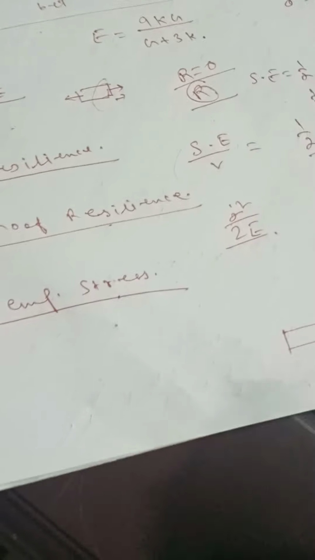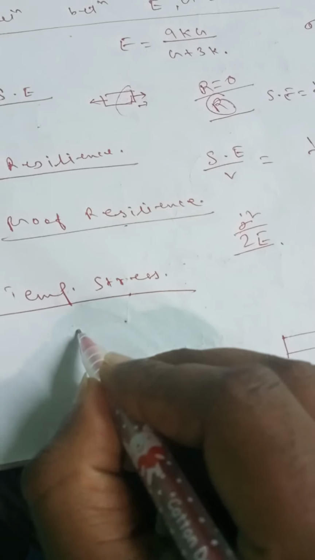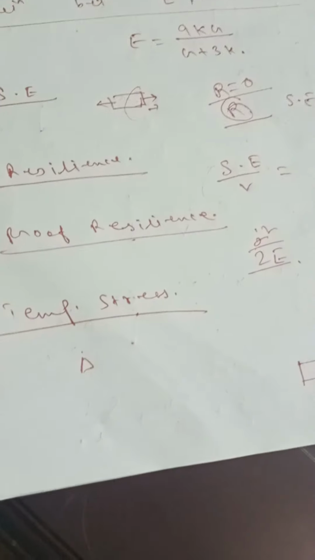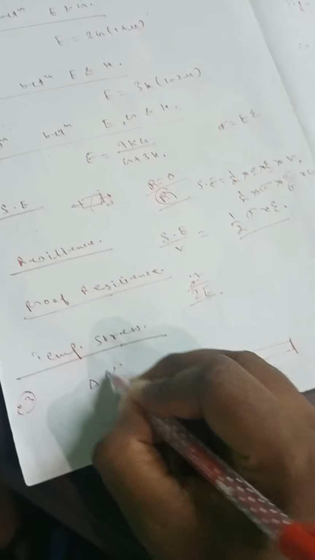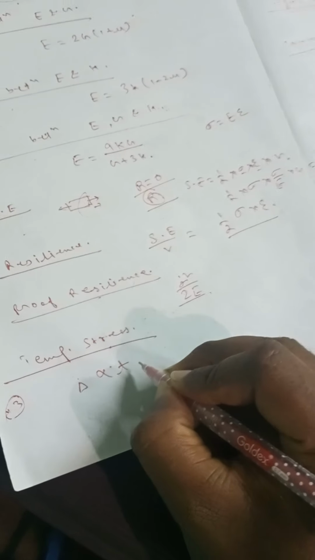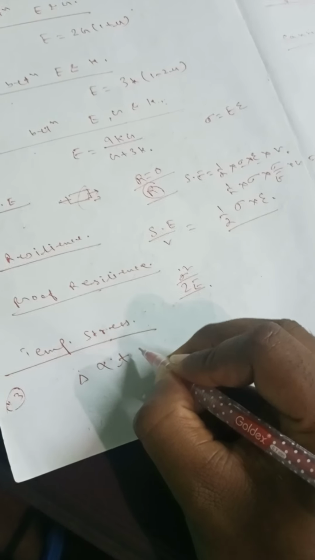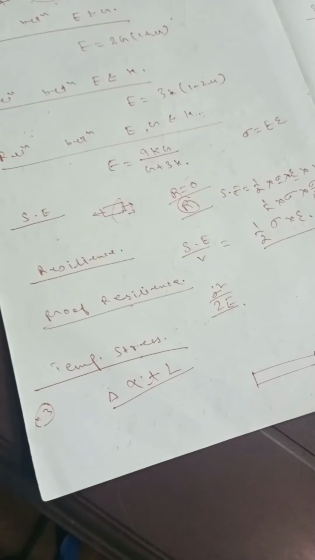Temperature stress. Okay. Now we will discuss temperature stress. Change in length due to change in temperature. If we denote the change in length by del, then the change in length due to change in temperature is directly proportional to the change in temperature and the length of that member.